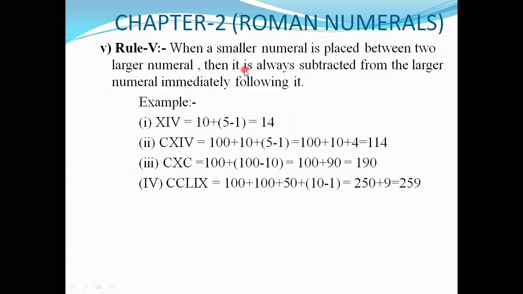Now here is rule 5. When a smaller numeral is placed between two larger numerals, then it is always subtracted from the larger numeral immediately following it.